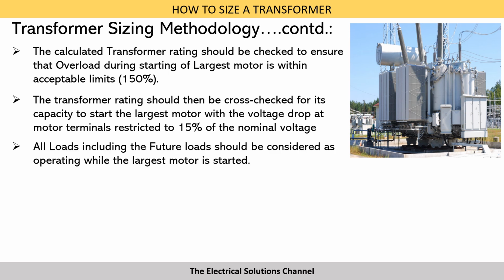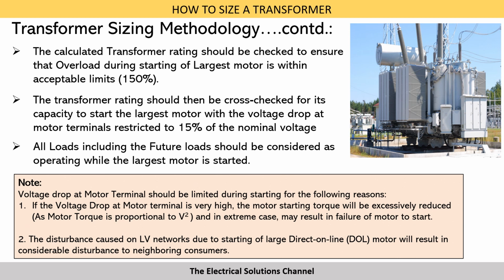Also, the transformer rating should be cross-checked for its capacity to start the largest motor, with the voltage drop at motor terminals restricted to within 15% of the nominal voltage. For this purpose, we need to consider all loads, including the future loads, as operating when the largest motor is started.